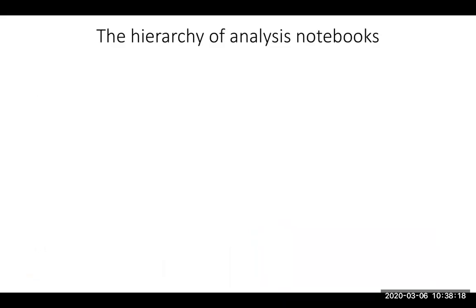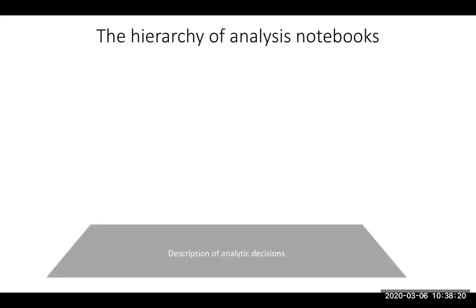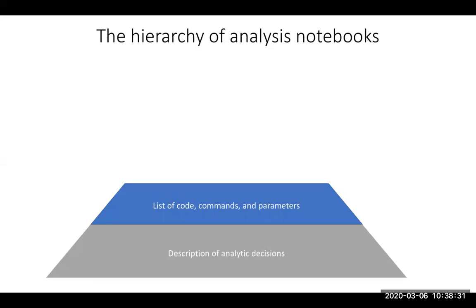As far as the way to use these, they come in a hierarchy. The most fundamental purpose of a notebook is the description of all the decisions that you've made. Once you've established that, it's a place to list all the code, commands, and parameters that are necessary for your analysis.